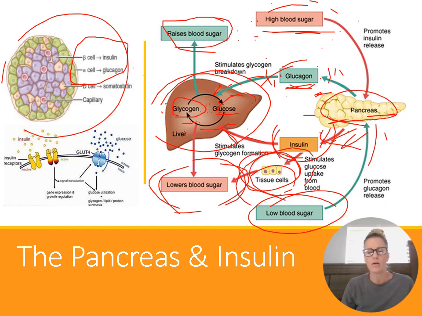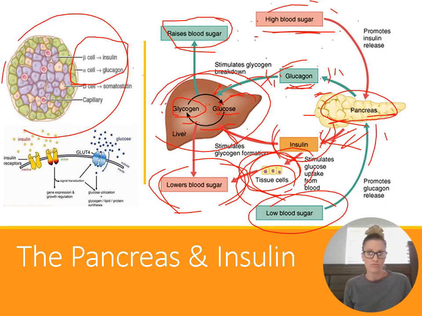So when you say that somebody has diabetes mellitus, you're saying that they have some sort of disorder where they're unable to regulate their glucose levels and they have high blood glucose. Patients with diabetes have either less effective insulin, so they might make insulin, it's just that their insulin doesn't work very well. Or they might not make enough insulin.